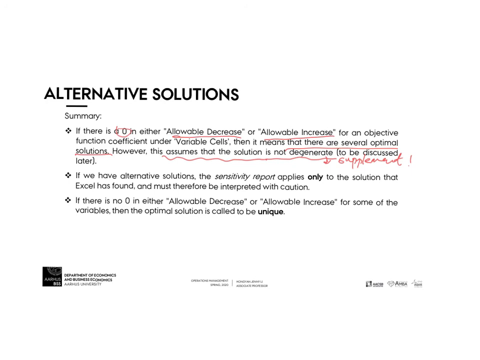If we have alternative solutions, the sensitivity report applies only to the solution that Excel has found, and you do not see the extra or alternative optimal solution. So you have to be cautious that other optimal solutions may exist. And then the last conclusion, if there is no 0 in your allowable decrease or increase columns, then the optimal solution is called unique.